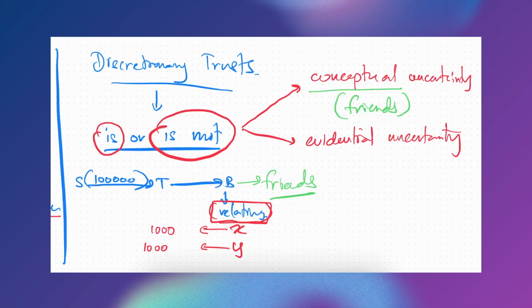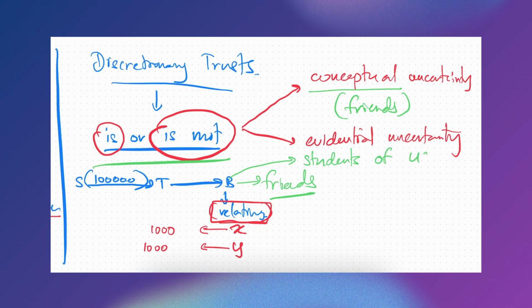Now, on the other hand, evidential uncertainty is when evidentially it is not possible to determine whether a person falls into this category or not. Say for example, I leave some property for students of the University of London over 6 feet.